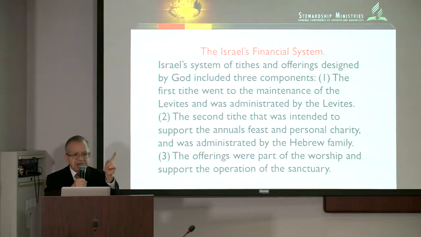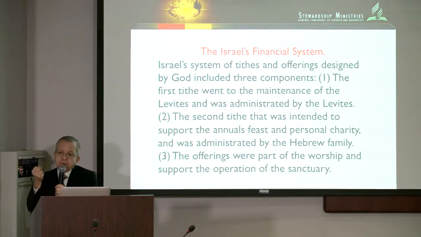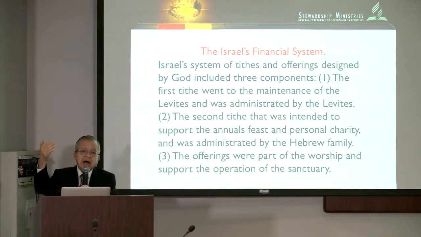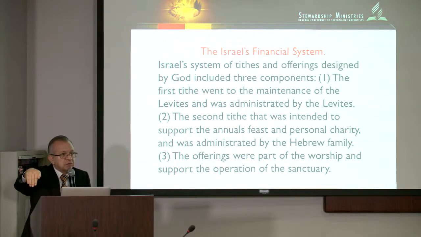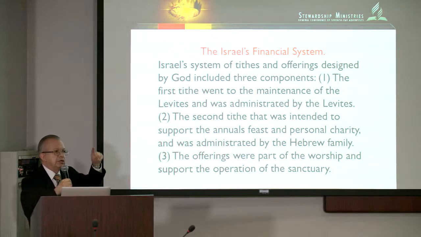The second tithe was not for the sanctuary. That's why when we use this biblical quotation in order to get more money to support our local church, we are taking the quotation out of the framework.